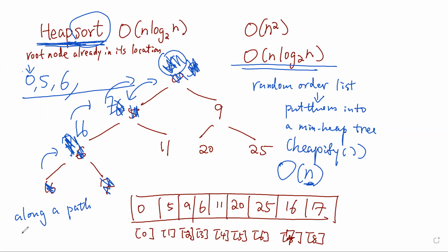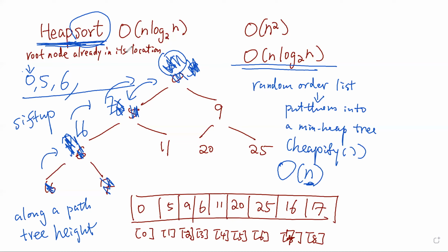The tree height depends on how many levels, along one certain branch. This process we call sift up, because you're going to move the number up, one by one.